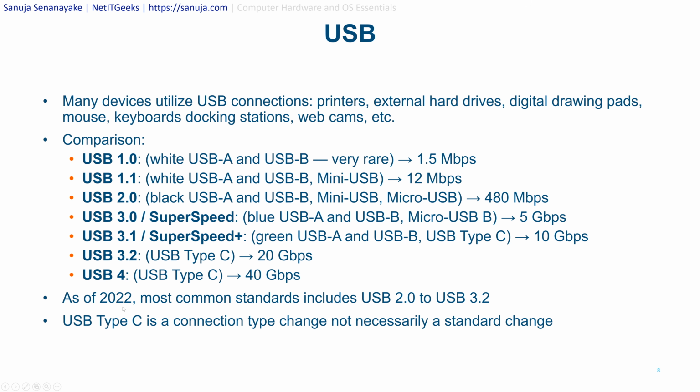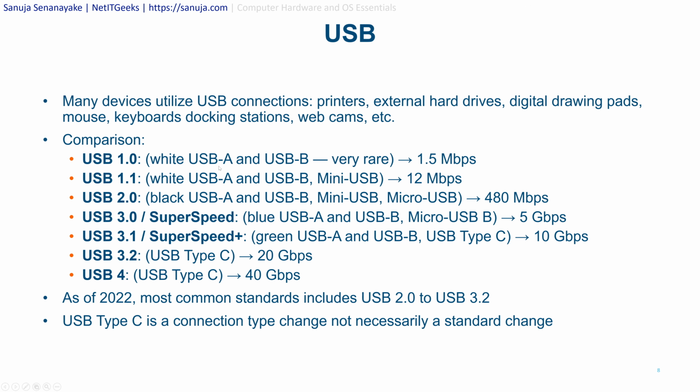So as a result, the most common standards as of now, at the time of the recording of this video in July 2022, are USB 2.0 and USB 3.2. USB Type-C is a connection type change, not necessarily a standard change, so keep that in mind.